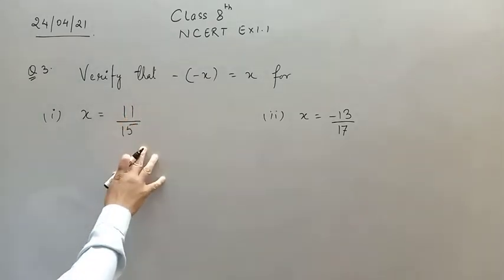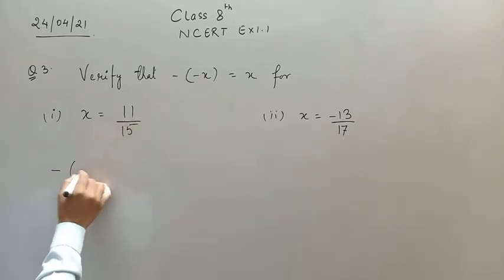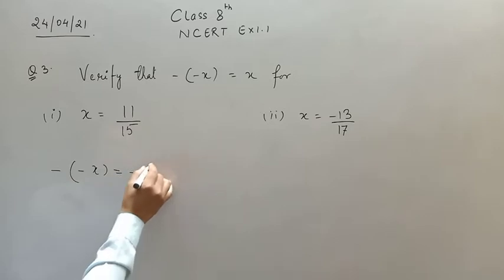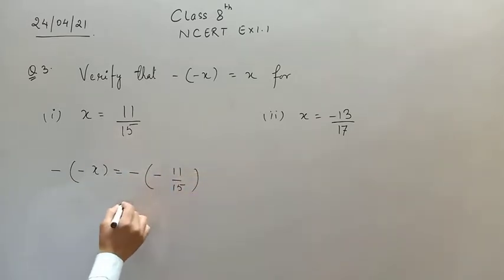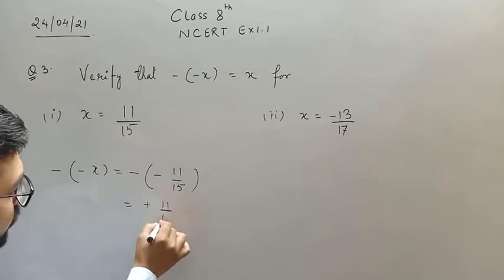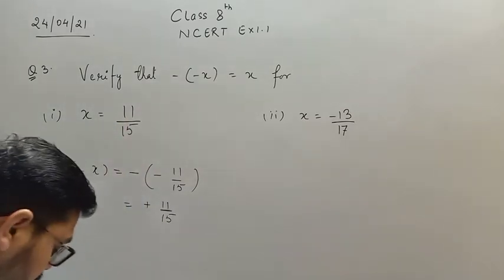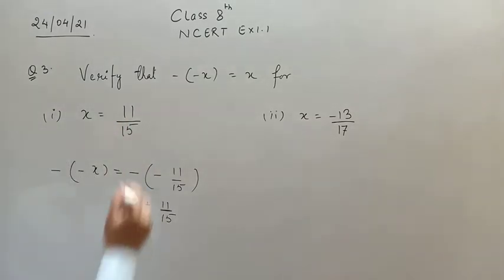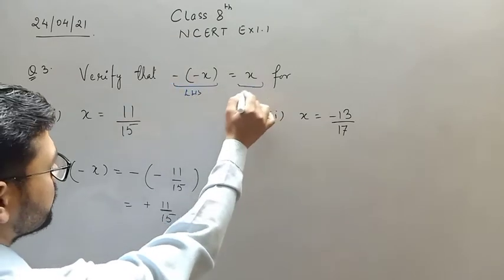Like x is equals to 11 upon 15. Let's say minus of minus x is equals to minus of minus 11 upon 15, which is plus 11 upon 15, right? And so this is LHS. Let's say this is my LHS, and this is RHS.